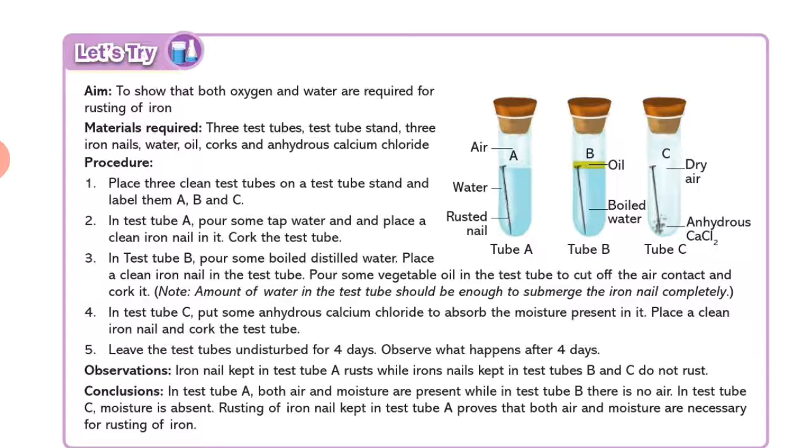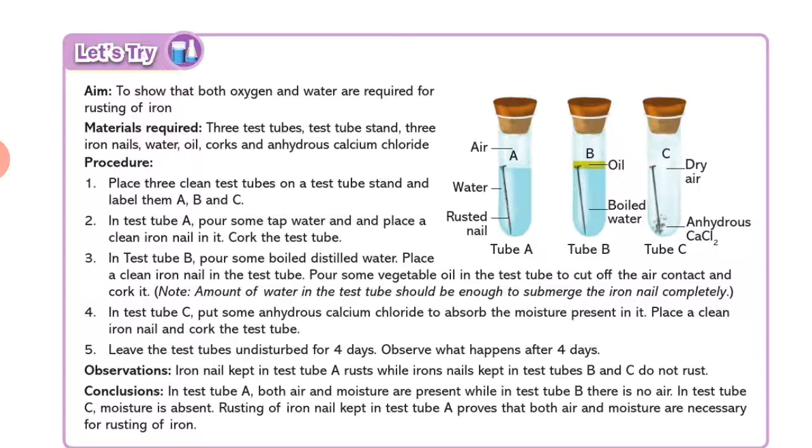In test tube C, put some anhydrous calcium chloride to absorb the moisture present in it. Place a clean iron nail and cork the test tube.